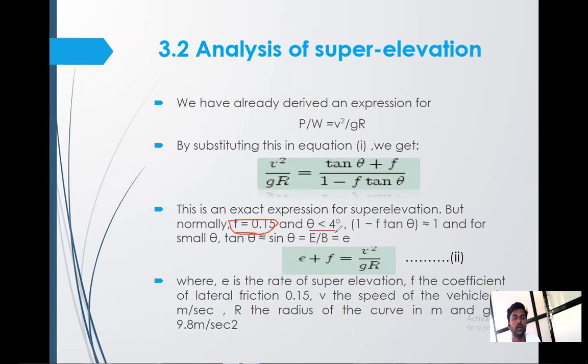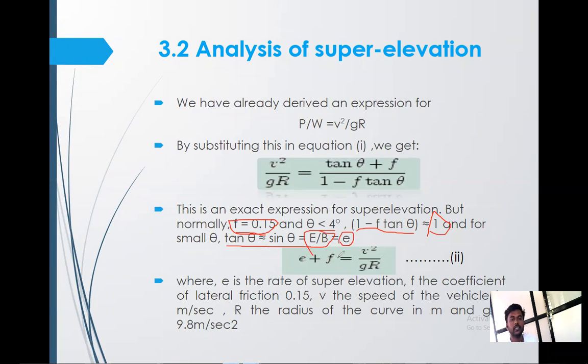When we provide theta less than 4 degrees, the term 1 minus F tan theta will be nearly equal to 1. And tan theta will be nearly equal to E upon B, that is the super elevation.